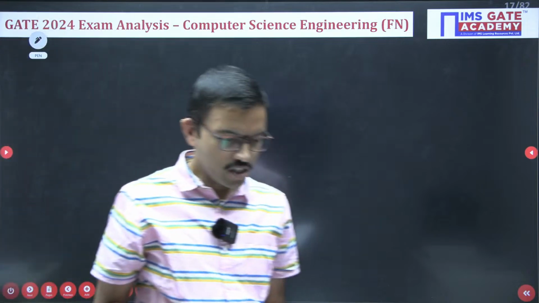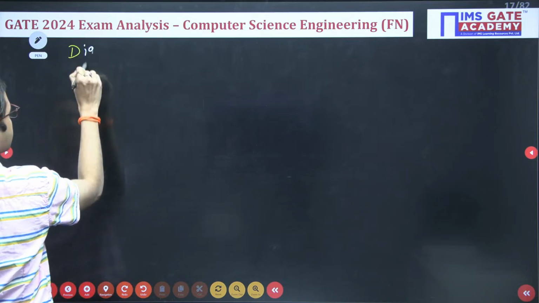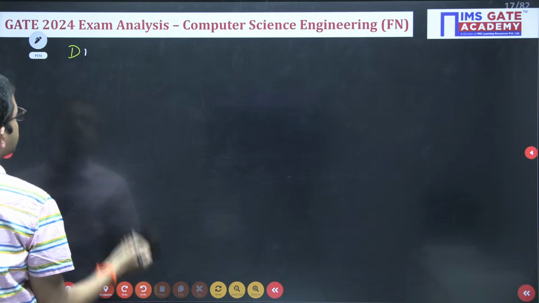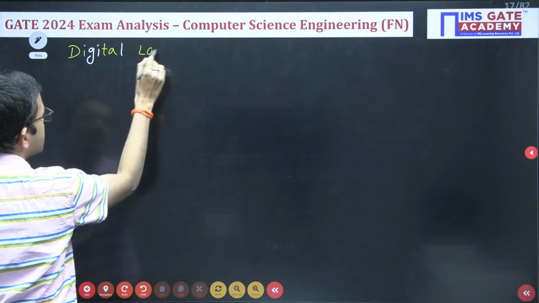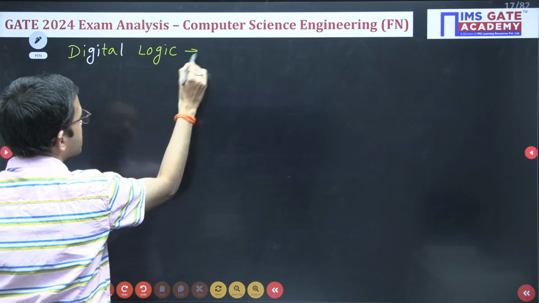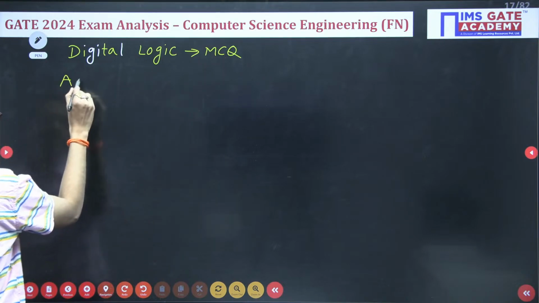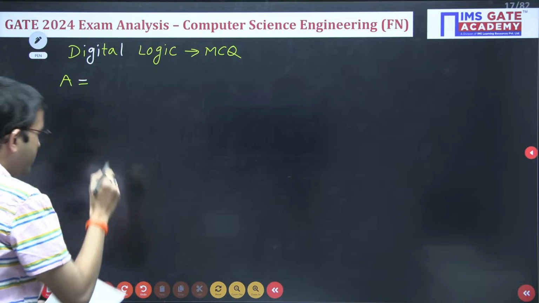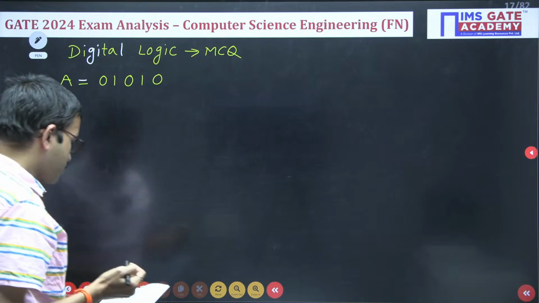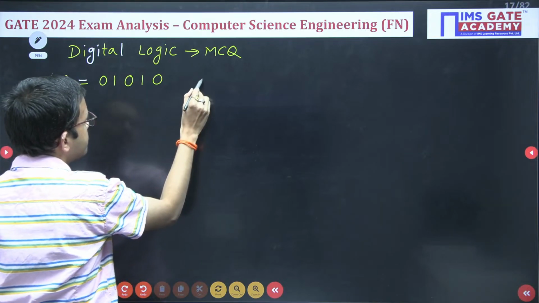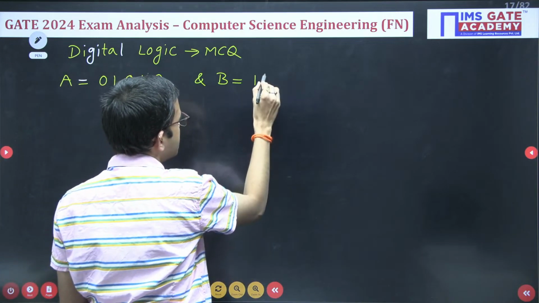First I will note down the question. In this question they have given two numbers a and b, a equal to 01010 and b equal to 11010.